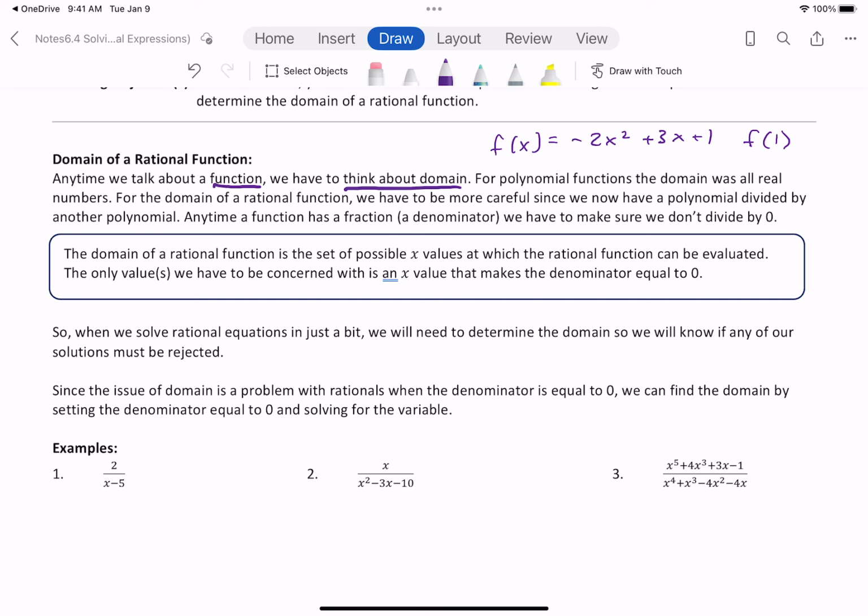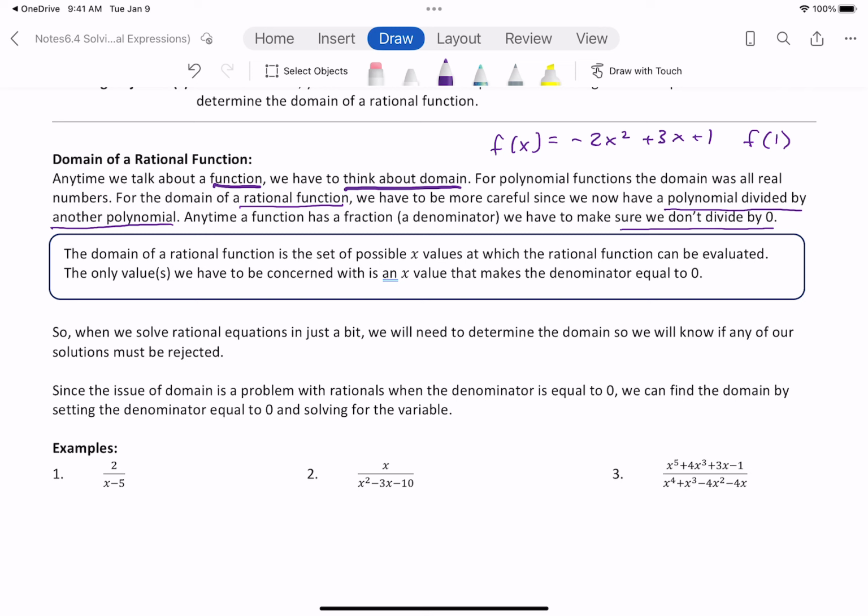But when we think about a rational function, we have to be more careful about the domain, because now we're going to have one polynomial divided by another. So we're going to have a variable in the denominator. So anytime a function has a fraction where there is a denominator, especially if there is a variable in the denominator, we have to make sure we don't end up dividing by 0.